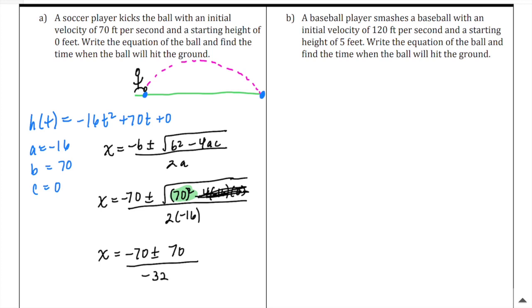And again, if you did not really see this, just take the square root of 70 squared, and you will see that you're stuck with 70 again. 70 squared gives me a perfect square of 4,900, however you want to read it. And that's perfect. And that will break up into 70 and 70. So that's where that's coming from.